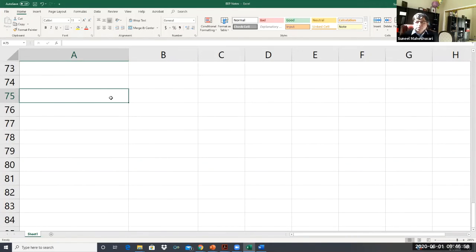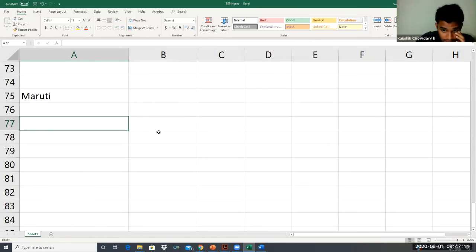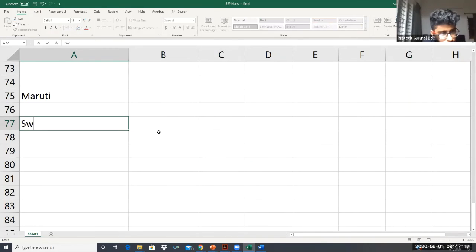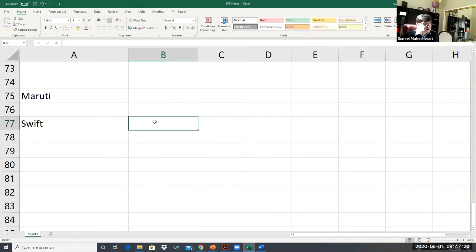Give me the two models that you sell in Maruti. Give me names of two models for Maruti cars. Swift. Swift and Baleno.